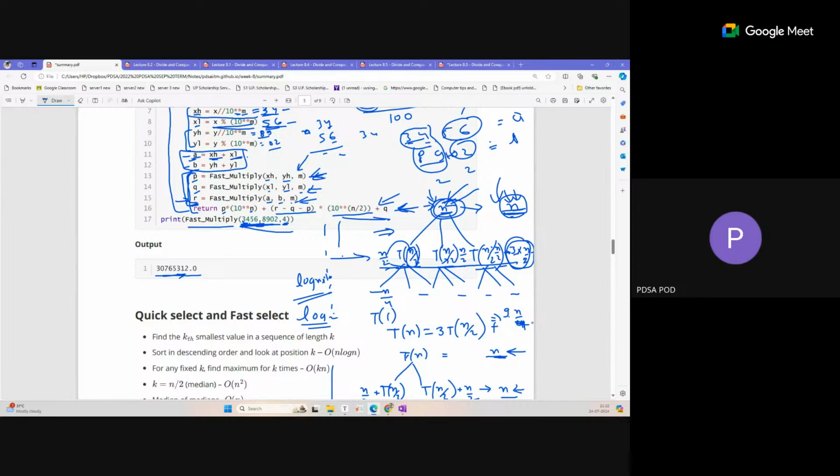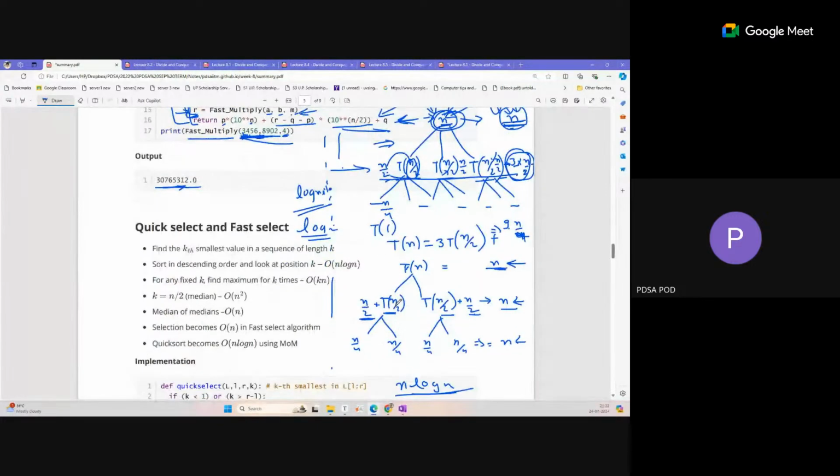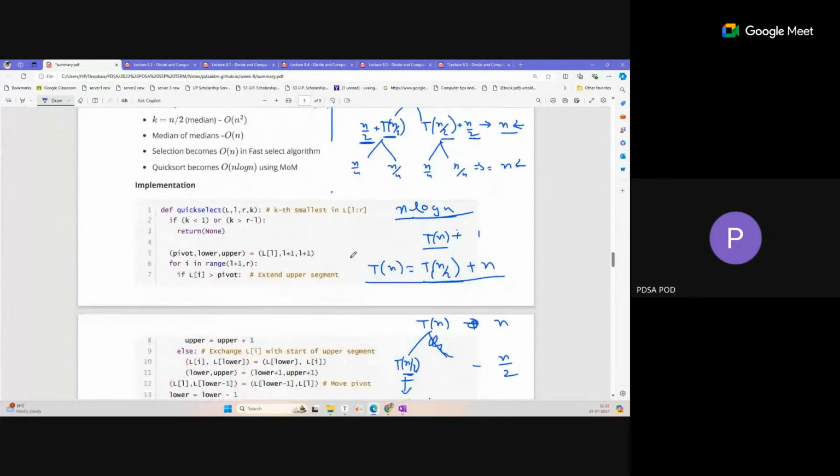Based on that, we will decide our complexity. That was discussed in the last topic, recursion tree, where we were given some direct formulas. If you get this type of pattern, you can directly use that formula to calculate the complexity. I'll come to that.